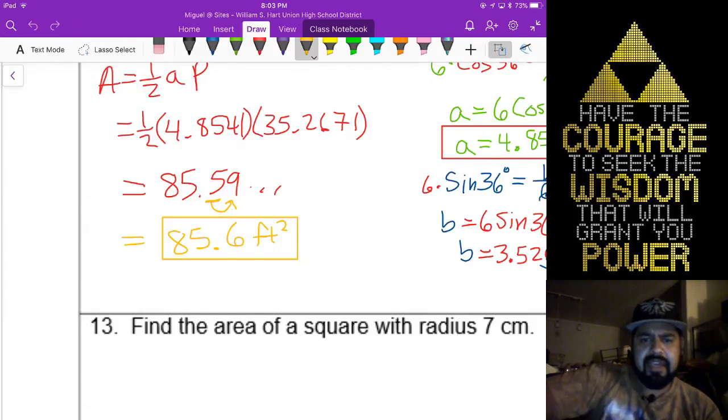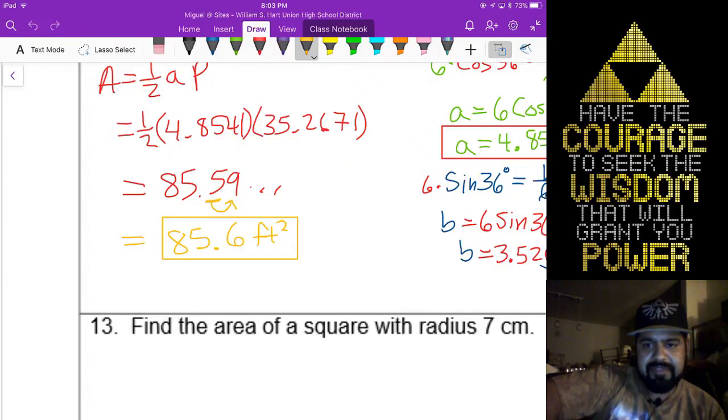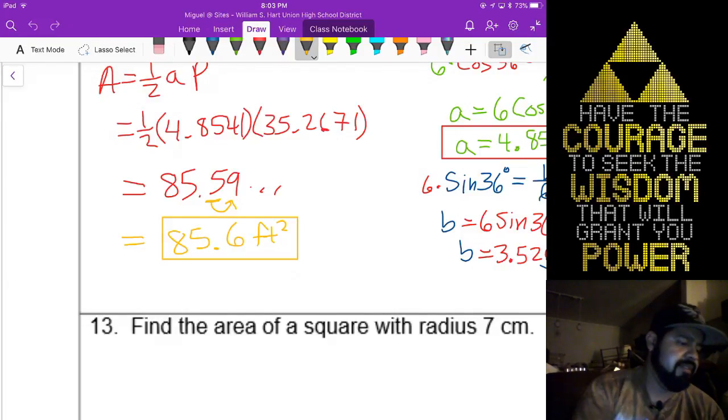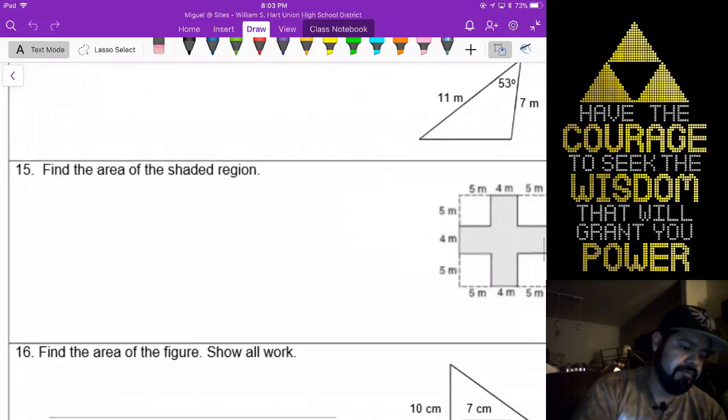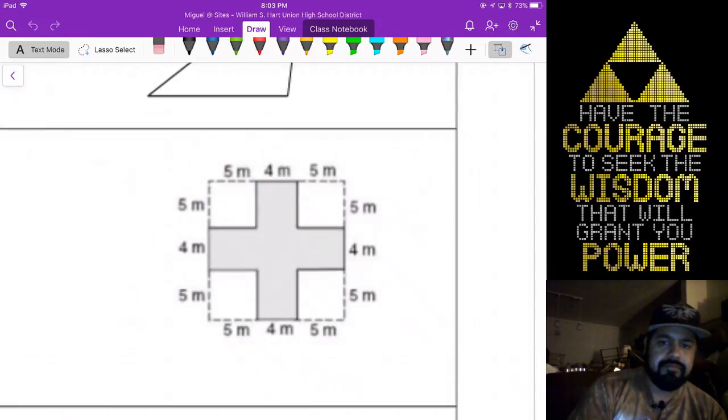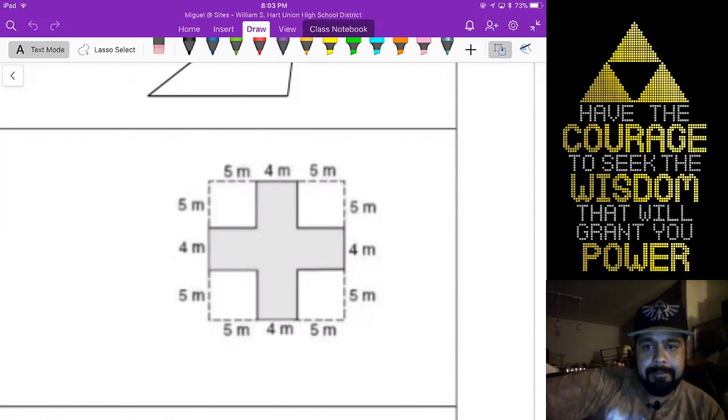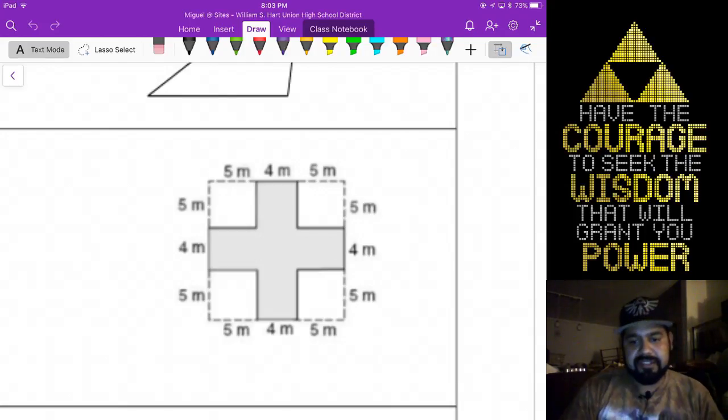Like, make up additional types of these questions, Mateo, or what do you mean? It's an area question. It's not like something unrelated. It's all area.